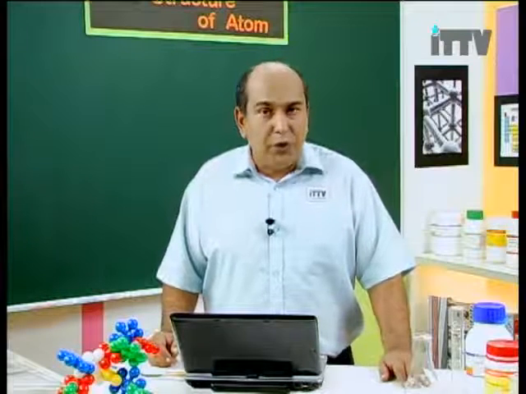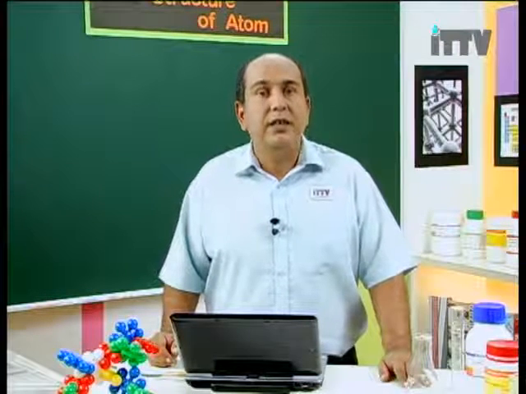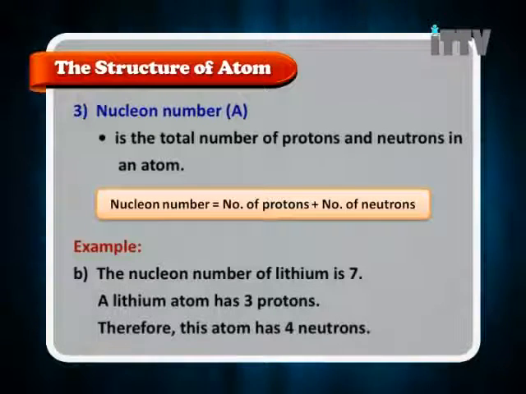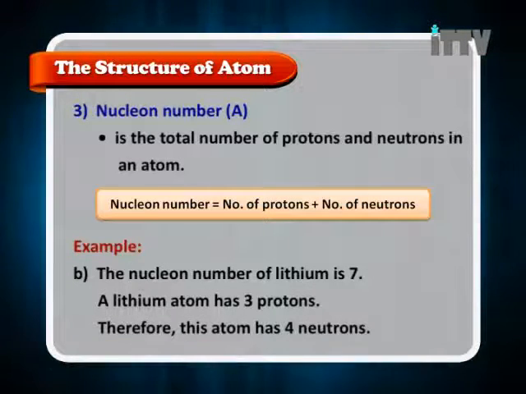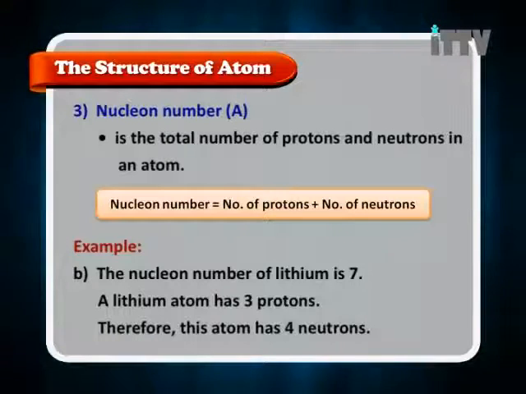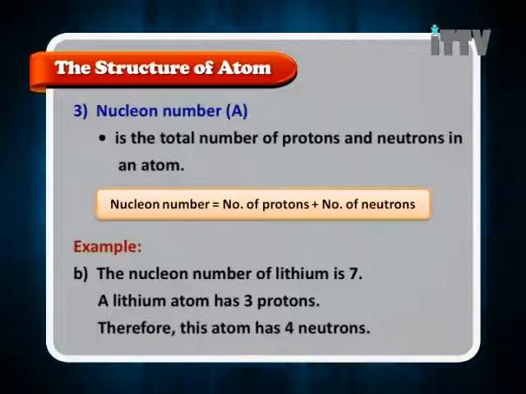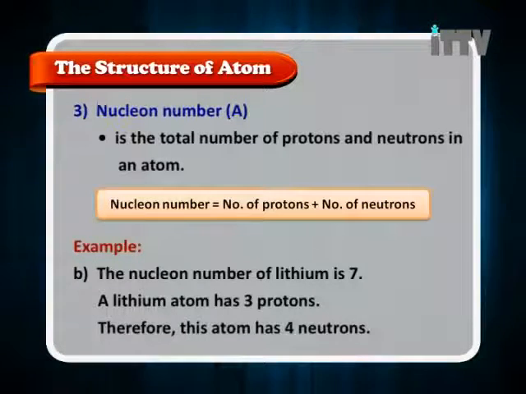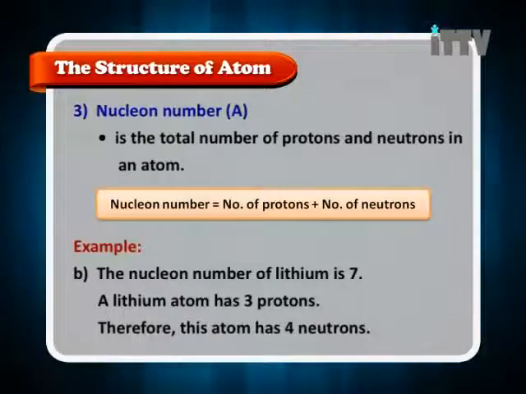So remember, nucleon number is the proton number added to the neutron number. Another example, the nucleon number of lithium is 7. A lithium atom has 3 protons. Therefore, this atom has 4 neutrons.